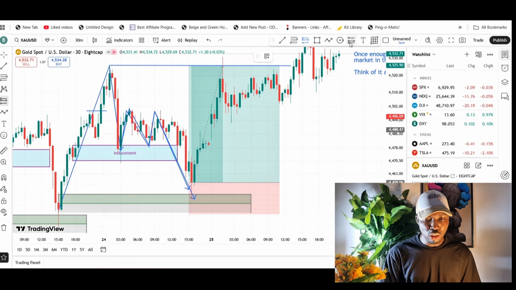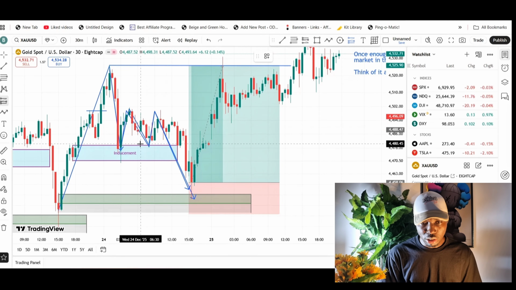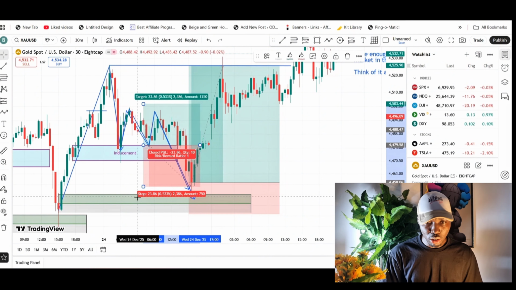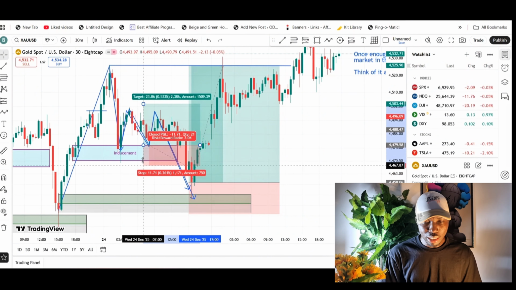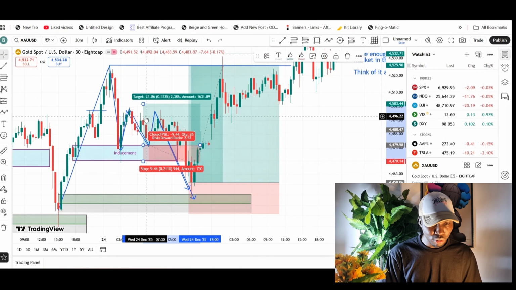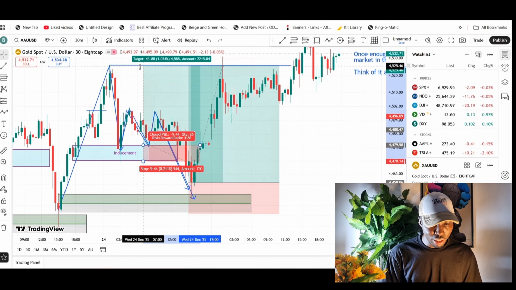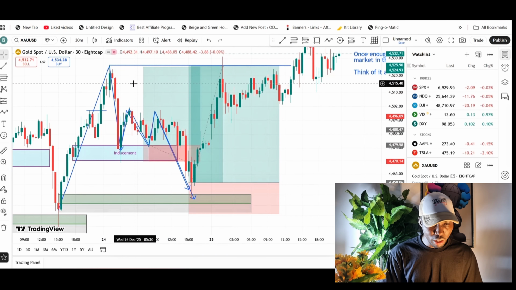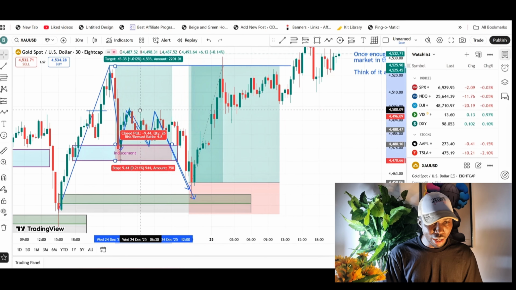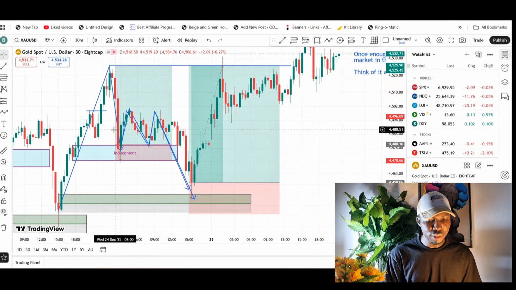And those that put their stop loss here, there were people that entered this trade here. Their stop loss was here, and they targeted maybe this high.